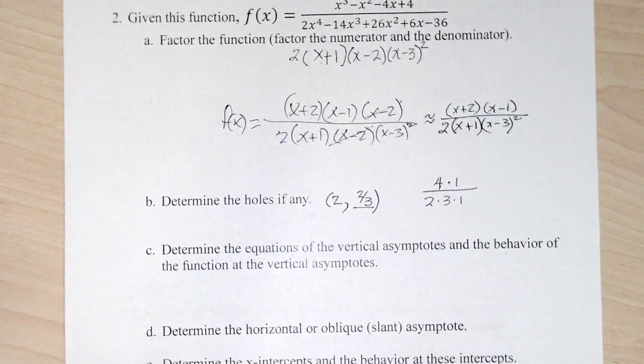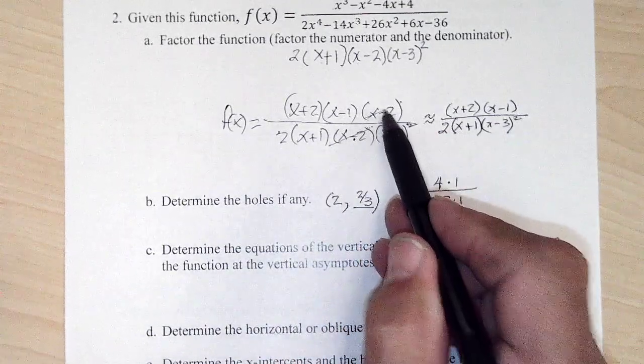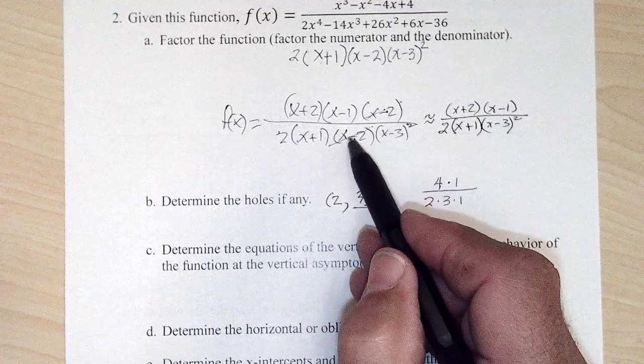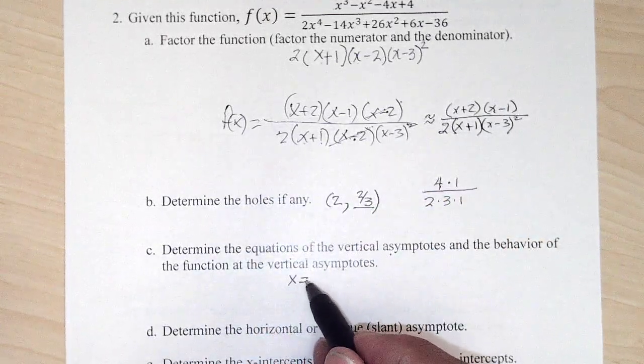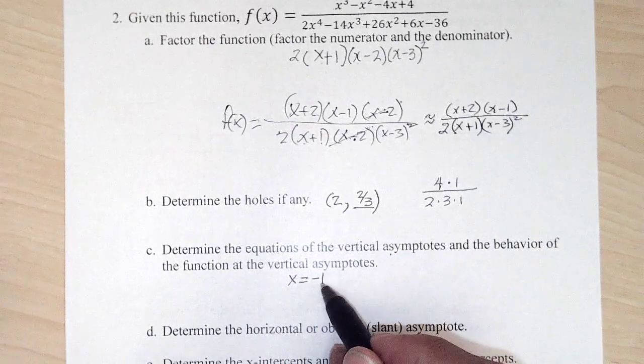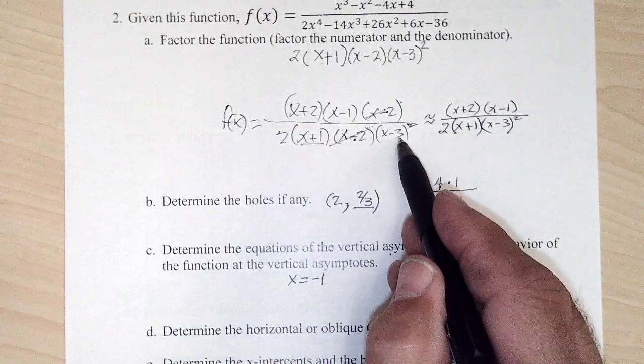Vertical asymptotes. Well, there's a vertical asymptote. Since this was a hole, it won't be a vertical asymptote. There's a vertical asymptote at x equal minus 1, because the denominator determines the vertical asymptotes.